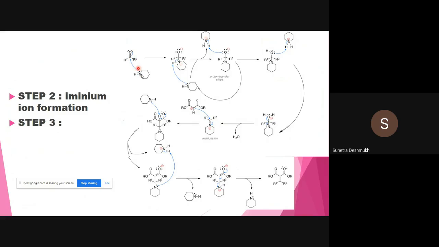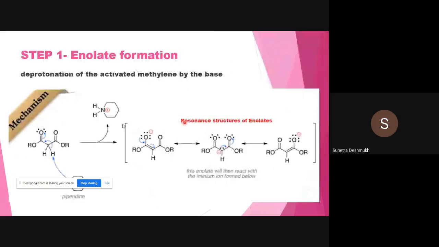Now we will see how we get the iminium ion. So here the piperidine lone pair attacks the carbonyl carbon, the electropositive carbon atom, to get this type of adduct. Again, by abstraction, as you remember from the previous slide, we generated this type of catalyst.